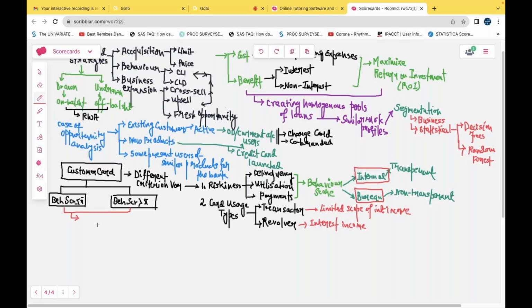Once I have split it by any given variable, I'll have to pass that segment through a set of tests. The first thing is the heterogeneity test, or the homogeneity test.